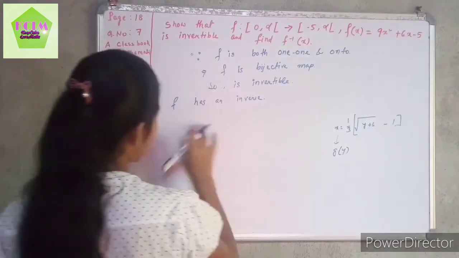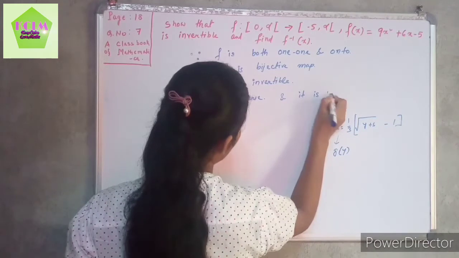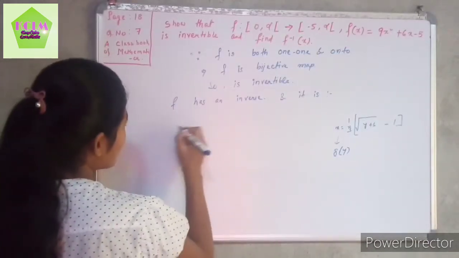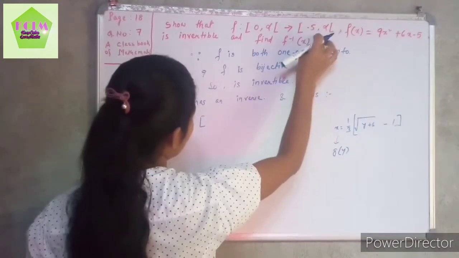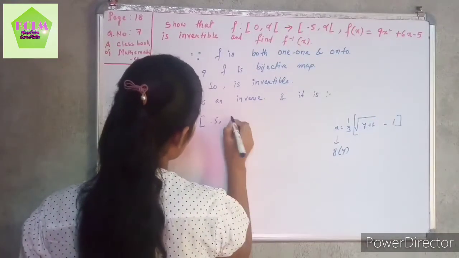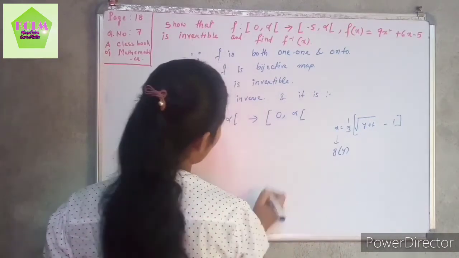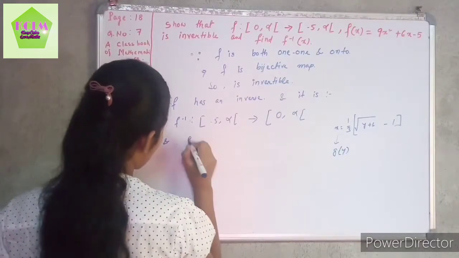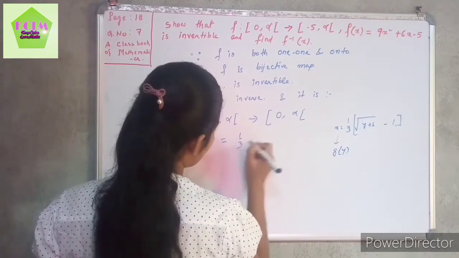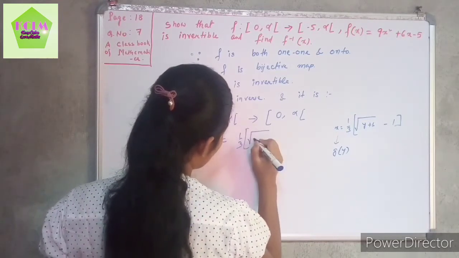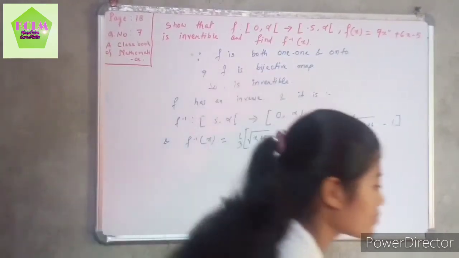So f has an inverse, and its inverse goes from minus 5 to infinity to 0 to infinity, and it is defined as f inverse of x equals 1 by 3 root over x plus 6 minus 1.